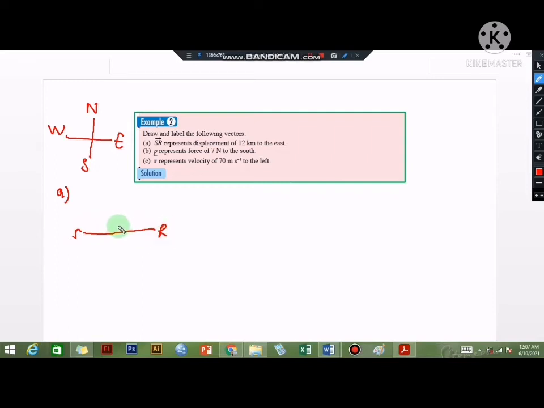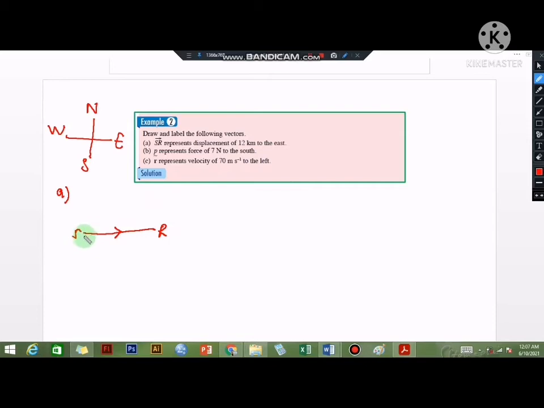So you need to draw the directed line segment, SR, like this. Then, 12 kilometers represents the length of this line.